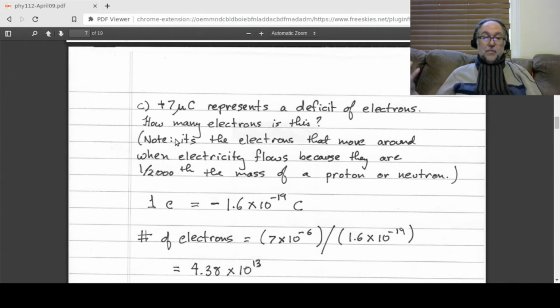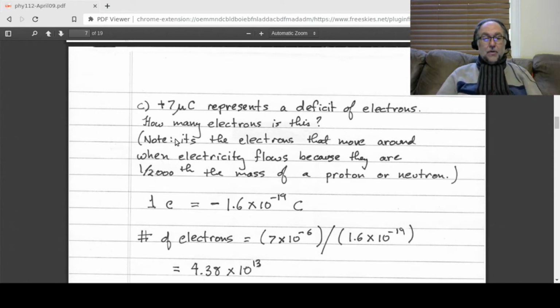An electron has the same amount of charge as a proton. It's just that the electron is negative and the proton is positive. So you either have a charge of 0, or a charge of 1 electron or 2 electrons or 3 electrons. You're not going to have a charge of half an electron.